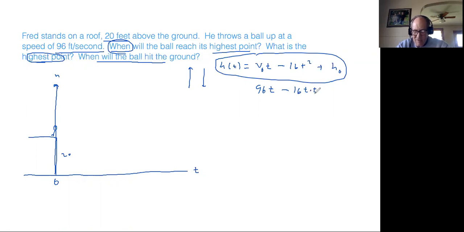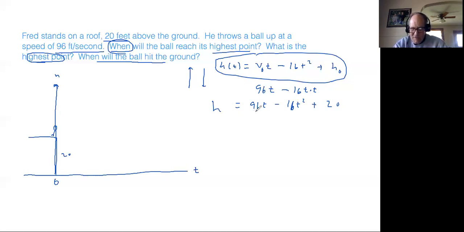Velocity times time equals distance. So that's where we're getting 96t minus 16t squared. And his initial height is 20 feet. Now there's your formula right there. That's his height h, or you could say h of t if you wanted to.